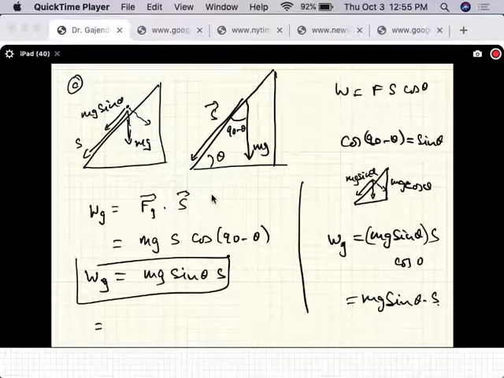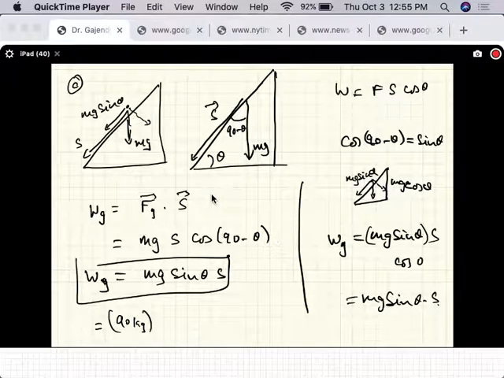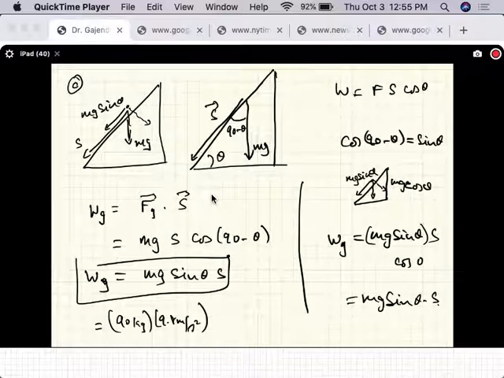So the work done by gravity is 90 kg times 9.8 meters per second squared times 30 meters times sine 60.